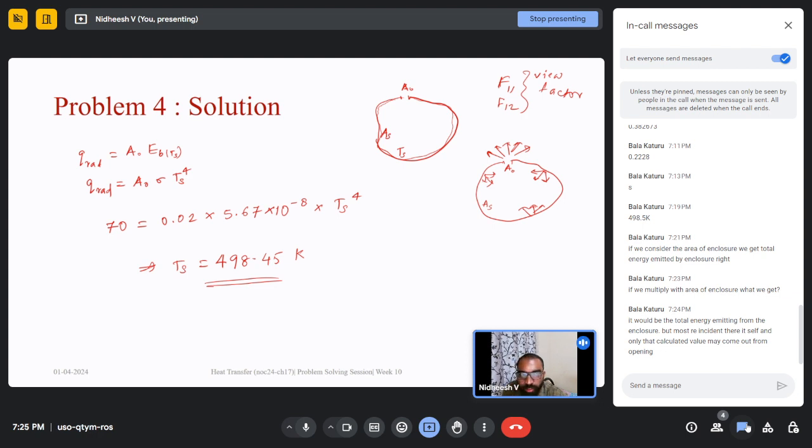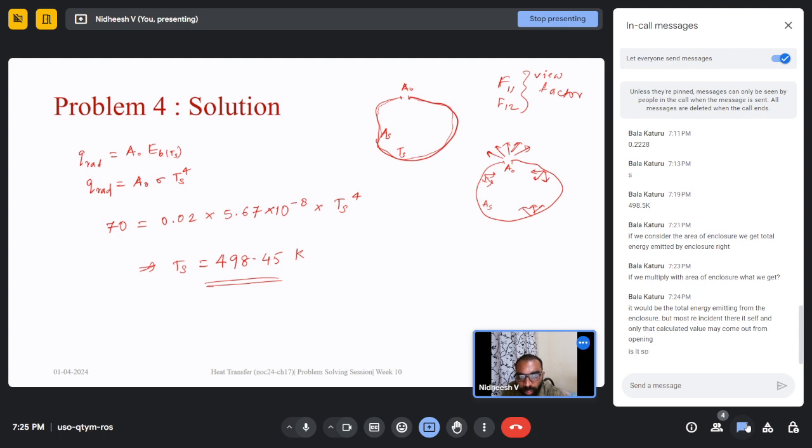But when we are taking the area of the enclosure inner surface, it is emitting radiation, but that same surface is receiving that radiation also. So we are unnecessarily computing the radiation emitted plus the radiation received by itself also.